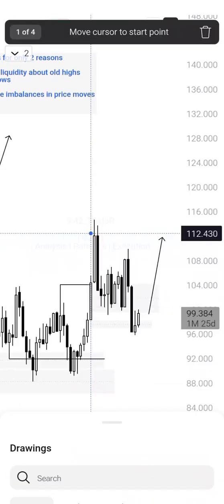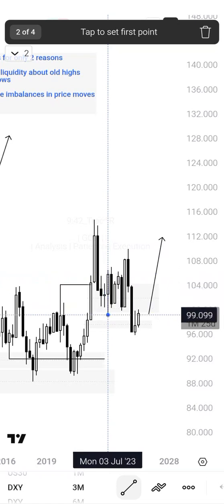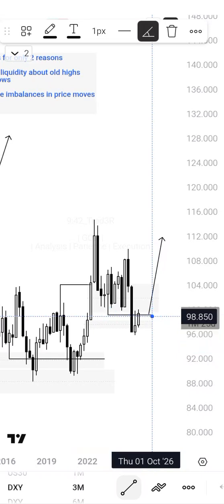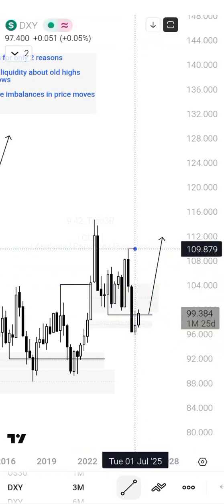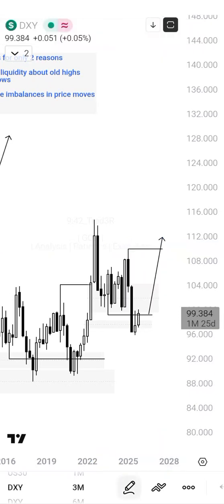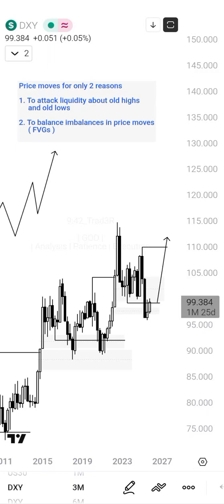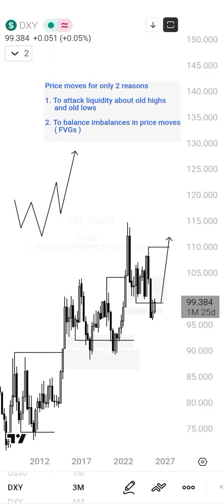And also you can see this low here. Before they fill the second fair value gap, they took that liquidity, and now we can expect them to attack this.